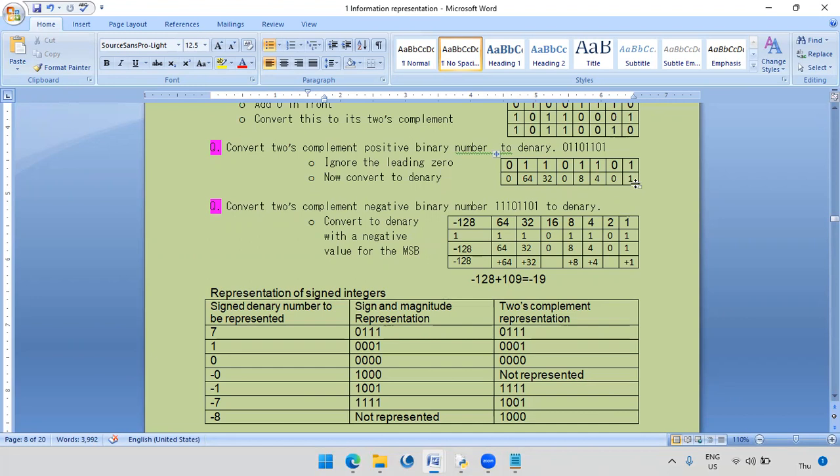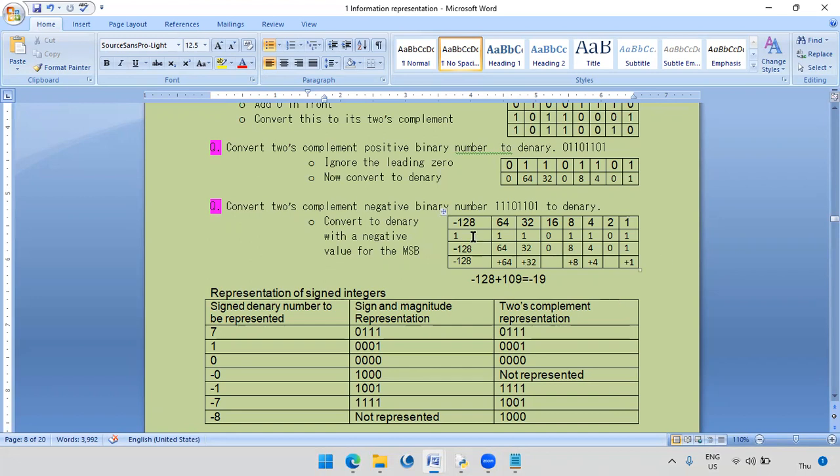Positive. Then convert 2's complement negative binary number, there's 1 in front, to denary. How? This is the difference. This last one is minus. The most significant bit is minus 128. So the number is 1, 1, 1, then 0, 1, 1, 0, 1.